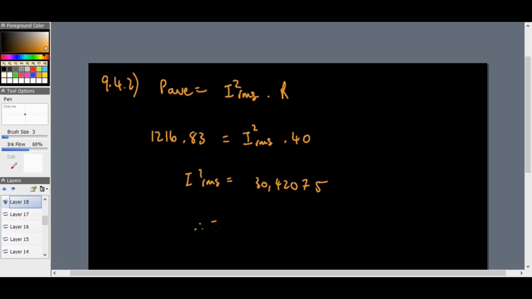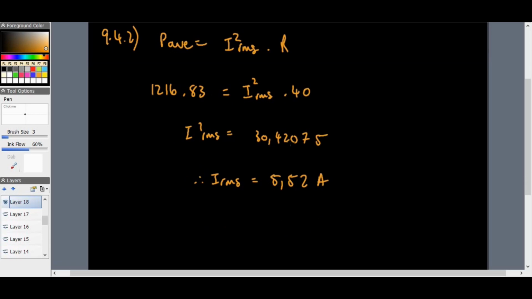And therefore we're going to get the RMS current to equal 5.515, or 5.52 amps, rounded off to 2 decimal places. Now we know the RMS current, Irms, is equal to Imax divided by square root 2.